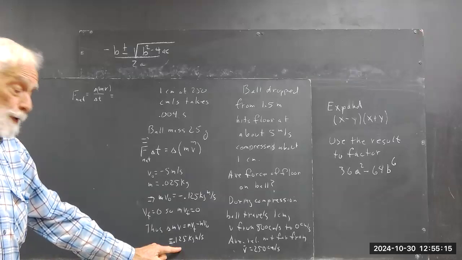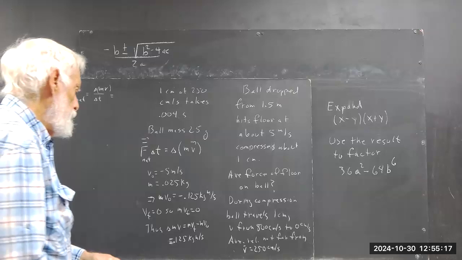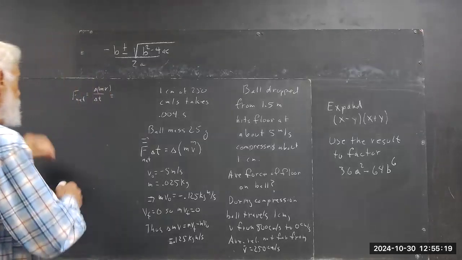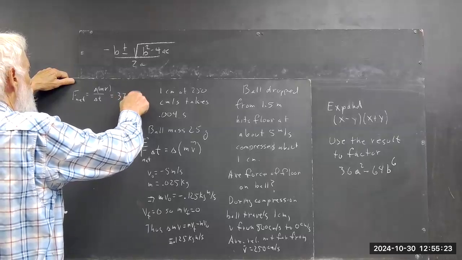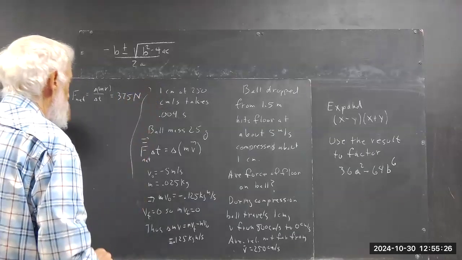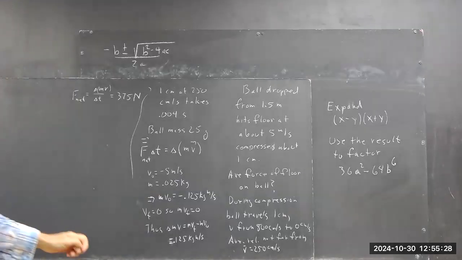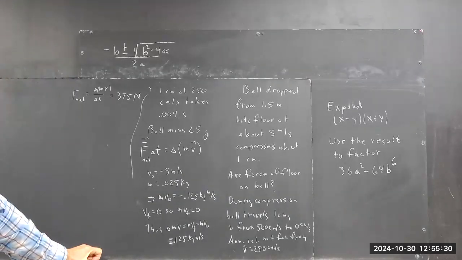Okay, which is going to give you 375 newtons, which is close to 90 pounds. If I've got my decimal in the right place, I think I do, yeah, 3750. Multiply that by 1,000, get 125.